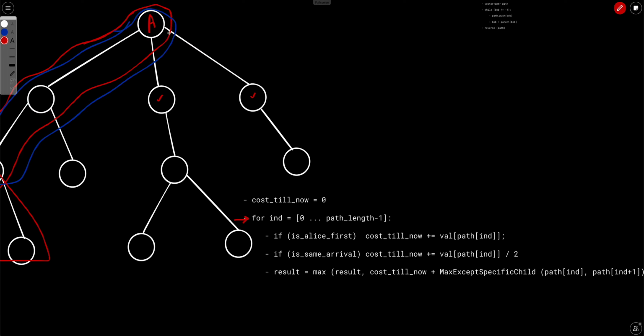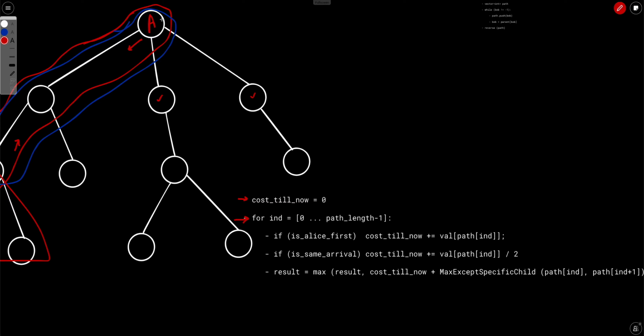So as and when we are increasing the common path between Alice and Bob, we will keep maintaining this cost. So we'll check if Alice reaches first at this particular node. How to check? Very simple. At any given point, Alice will take one step, Bob will take one step.